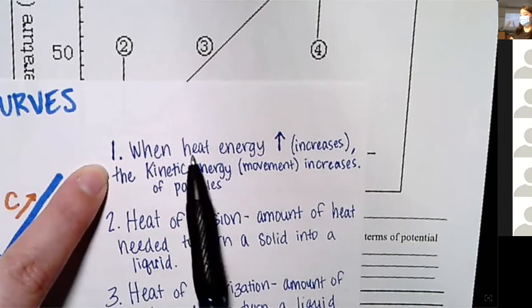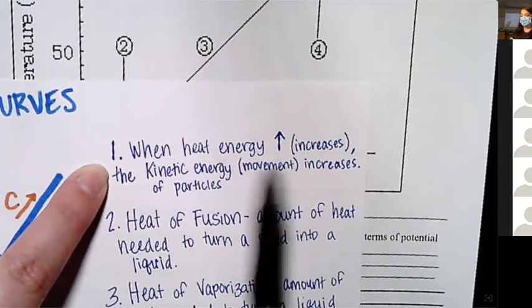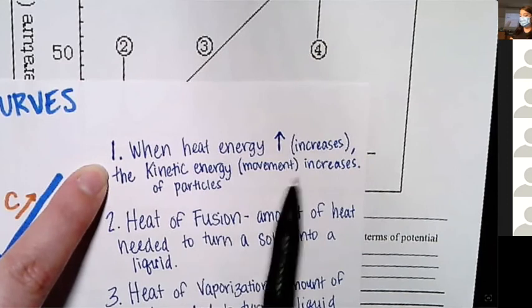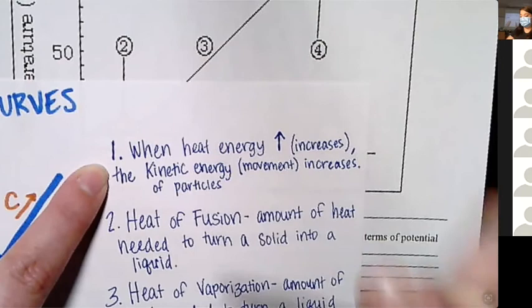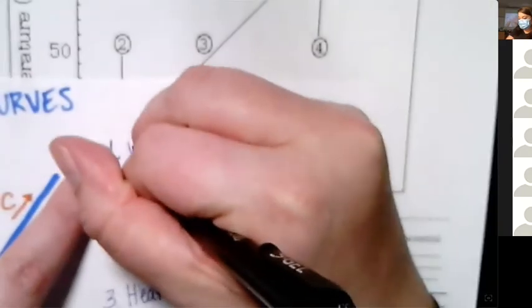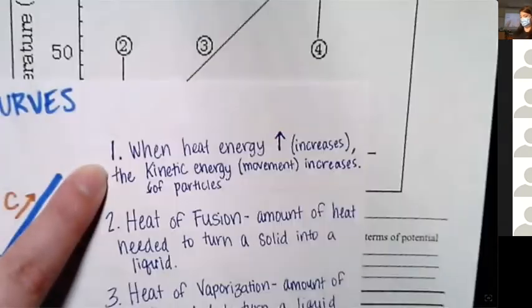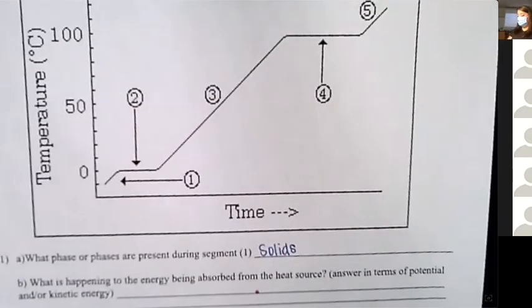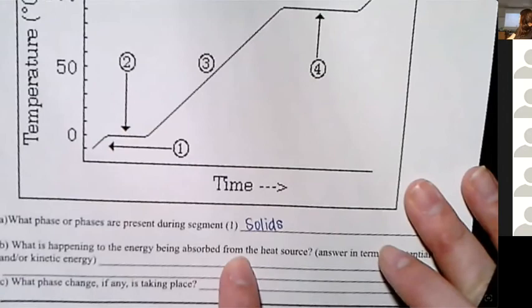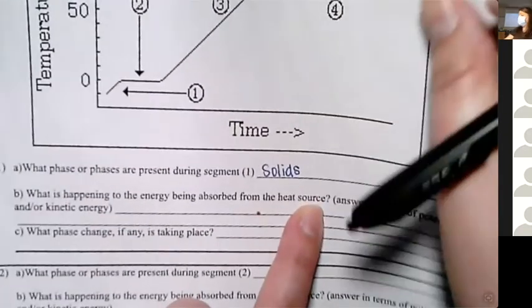Okay. When heat energy increases, the kinetic energy, which is the movement, increases as well. So the kinetic energy of the particles. Okay. So here, when it says, what is happening to the energy being absorbed from the heat source?